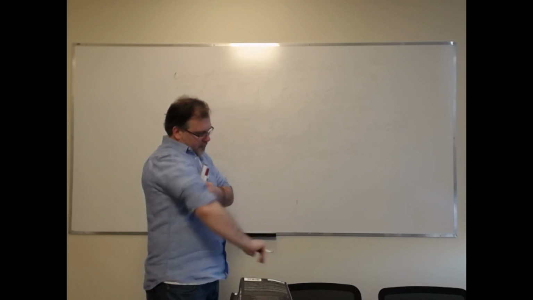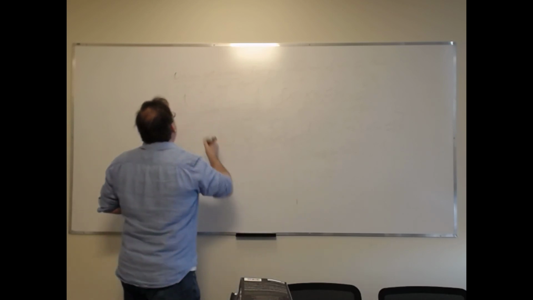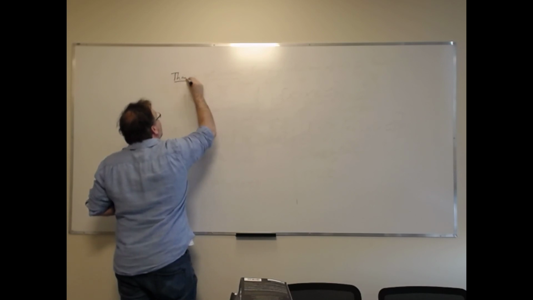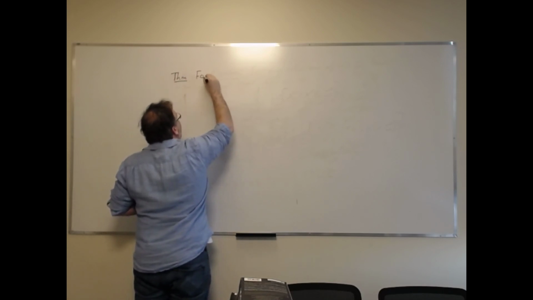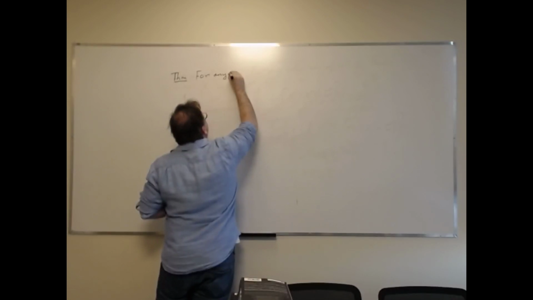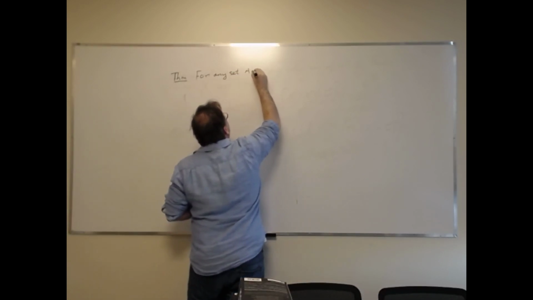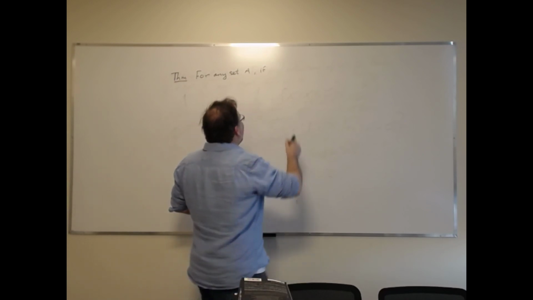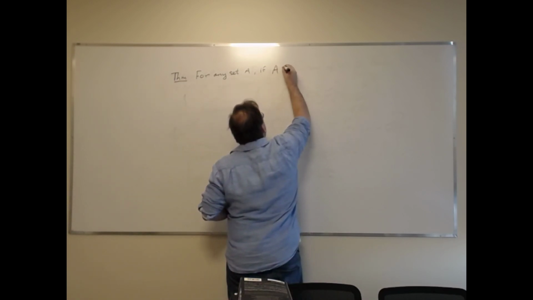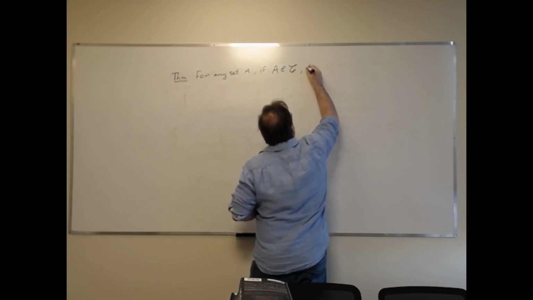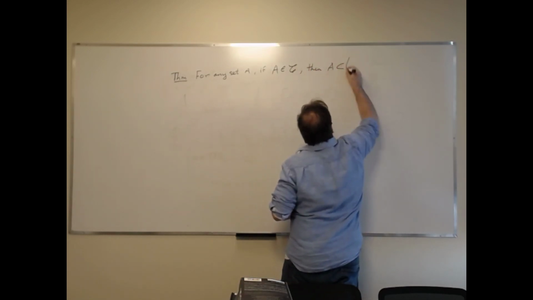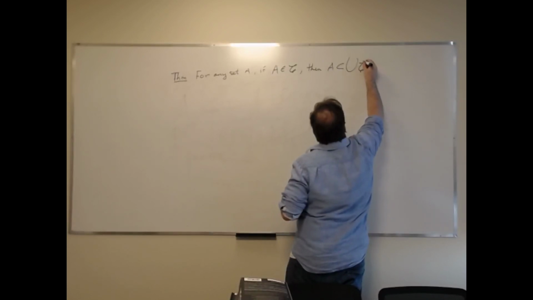Okay, so let's start with something fairly simple. Theorem. For any set A, if A is in the collection of sets, then A is a subset of the union of the collection.